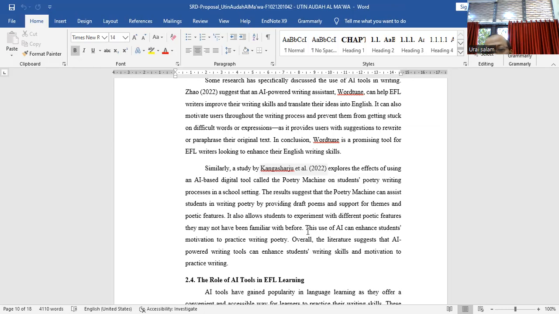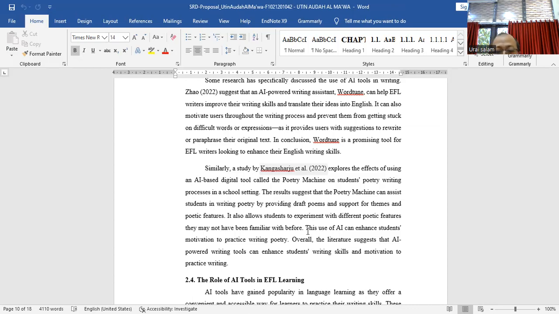It's very informative if you give examples of meta-analysis at the Indonesian scale. But if not, you could give a few examples of meta-analyses conducted in other countries, but still focusing on writing. So AI and writing meta-analysis. There are quite a few already conducted, but not in the Indonesian context.